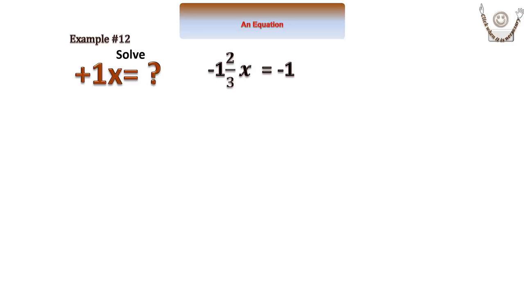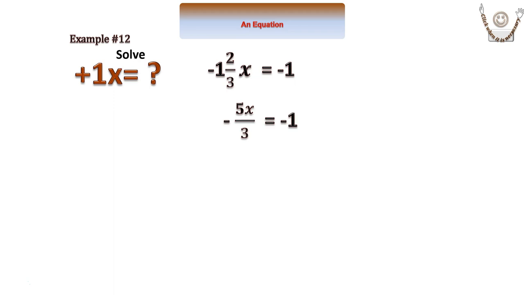Next equation. Negative 1 and 2/3 times x equals negative 1. In order to solve this equation, let's convert the mixed number into an improper fraction, and then we will work exactly as we would with regular equations with fractions.